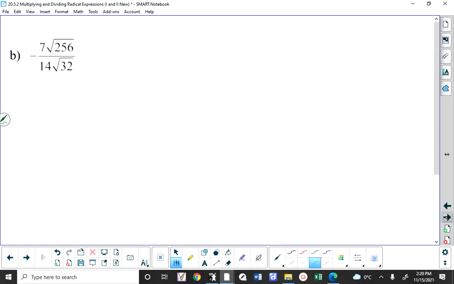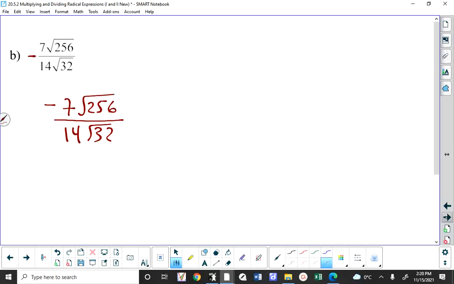Negative 7 root 256 over 14 root 32. So what we're saying here when I say you're dividing coefficients, and things will get more complicated, definitely, is that, let me rewrite it, negative 7 root 256 over 14 root 32. I really dislike that, I call it a hanging negative, that negative that's out in front of the whole thing.